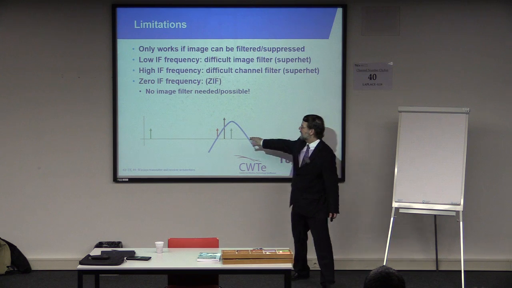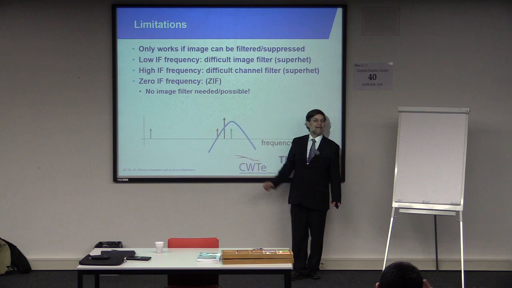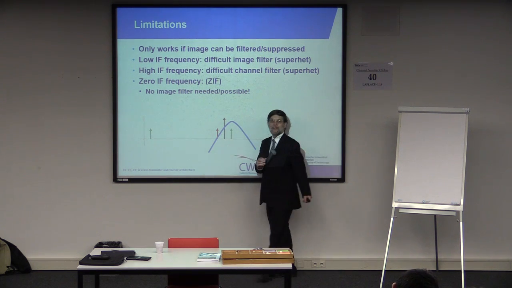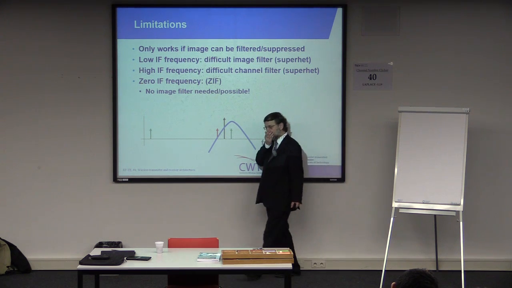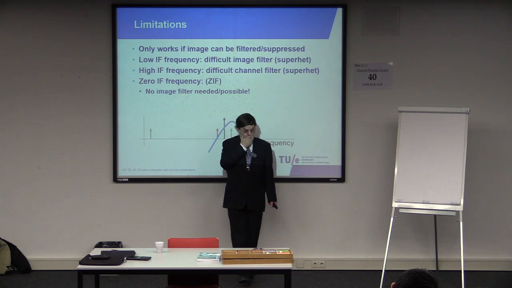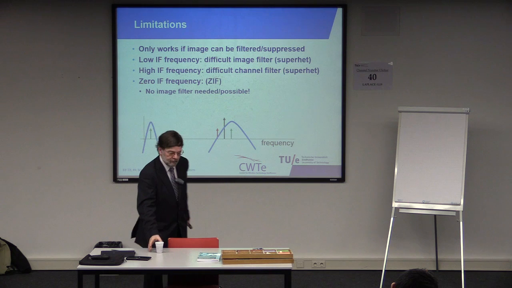So if I want to have a relaxed image reject filter here, I want a high IF frequency, because that moves the wanted signal and the image further apart and makes this filter easier. But the higher IF frequency makes the IF filter more difficult.